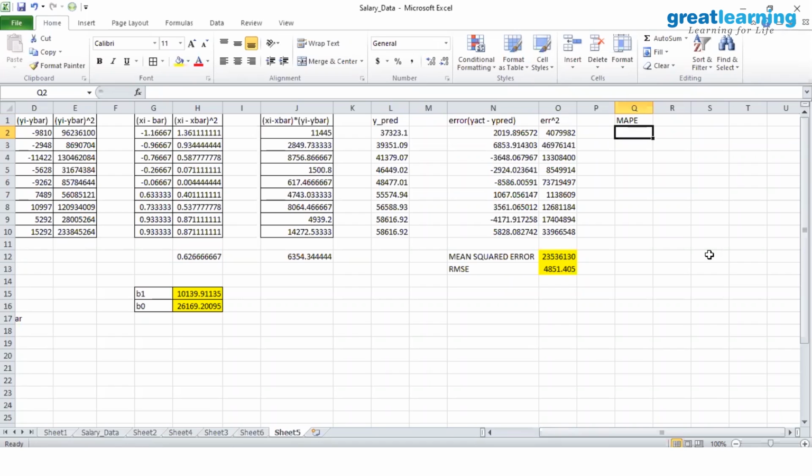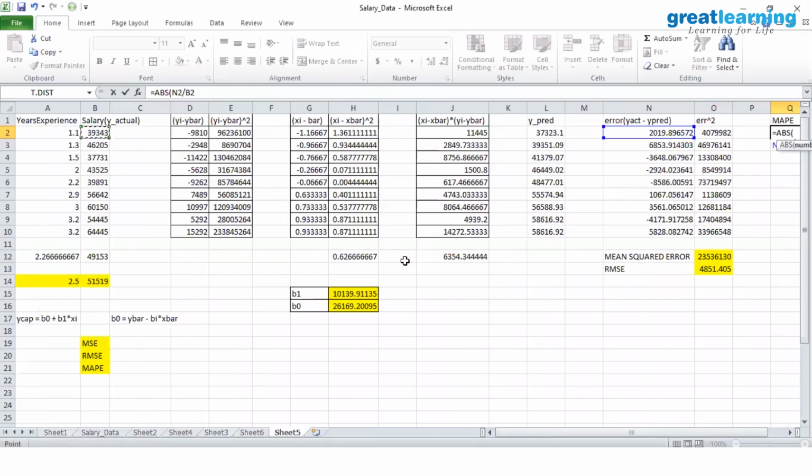We'll be solving it many times throughout the session. First, the absolute error divided by the actual.